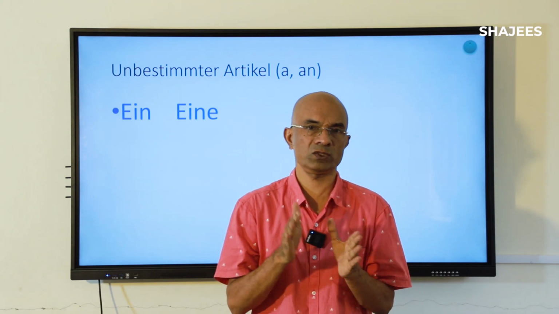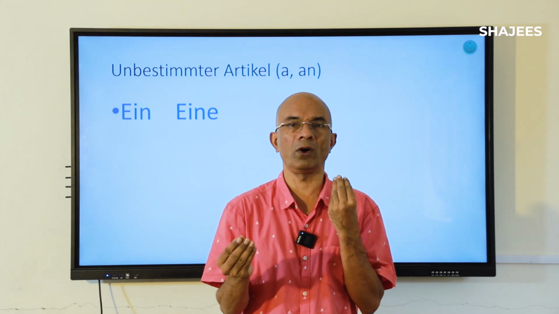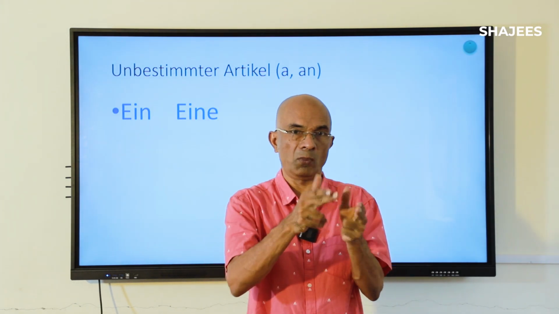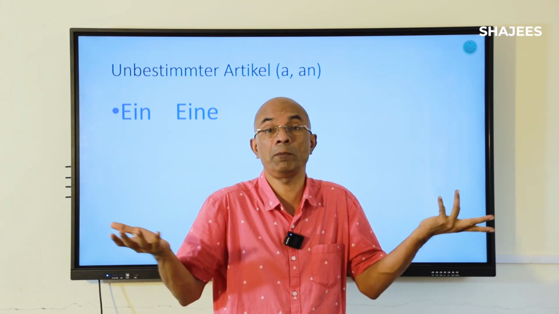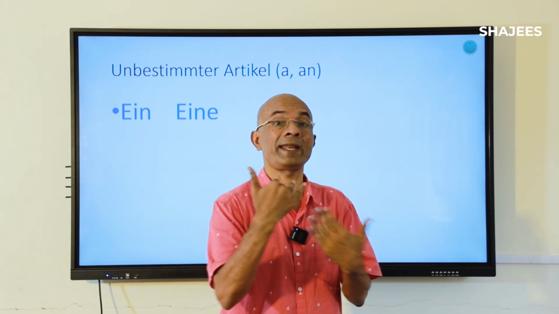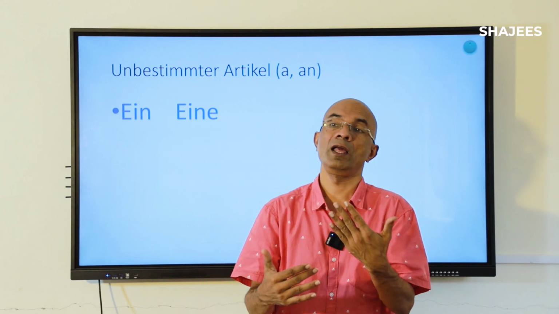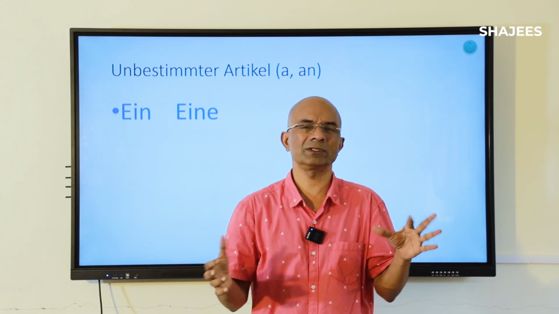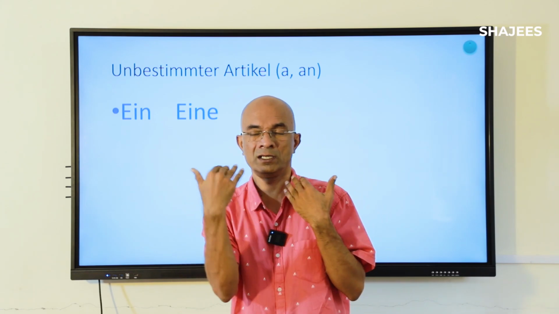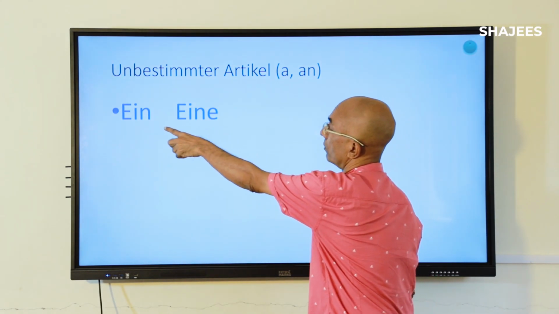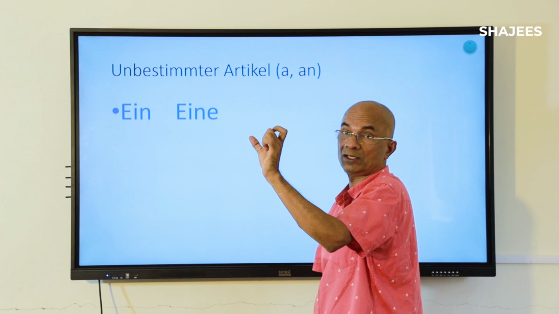Then unbestimmte article. Now, what is the unbestimmte article? A boy, a girl. The boy, the girl is definite. Now, a boy or a girl, an umbrella, an hour: just take a generic, general one. So in German we call it ein.